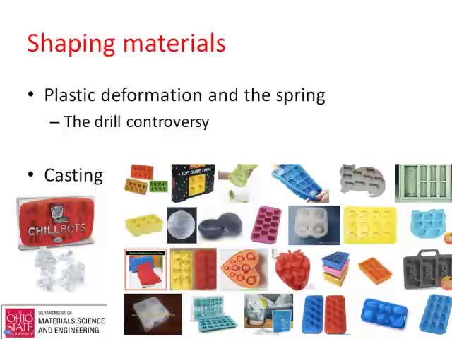The other thing we talk about is shape. Shape is another really important attribute if you're going to make anything useful. And we've already talked about making a spring, and we can make a spring by plastic deformation. There's really two ways of doing this, at least. There's way more than two ways.